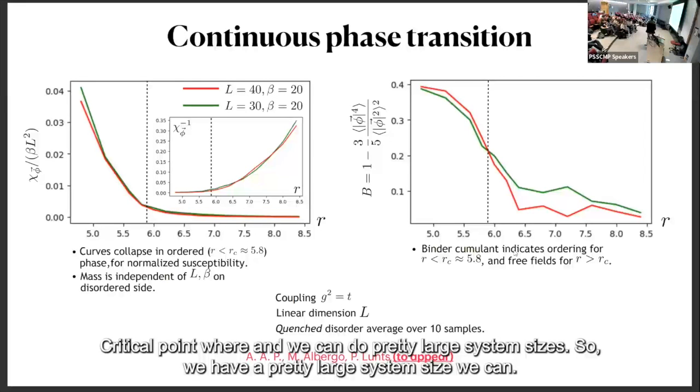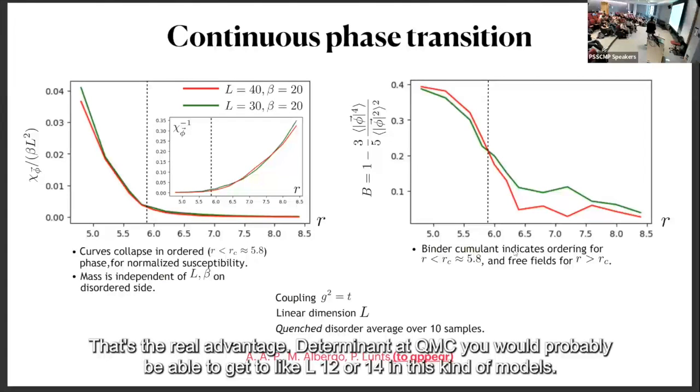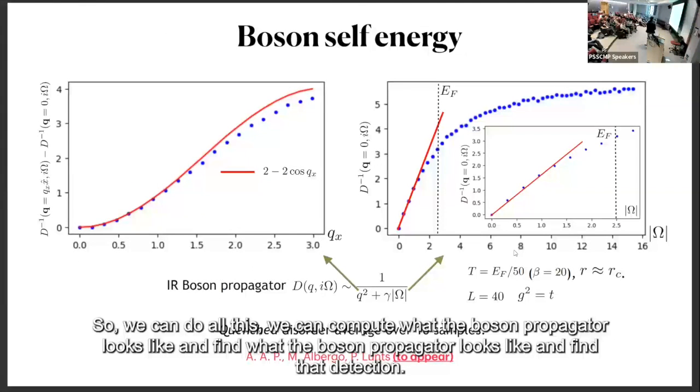When we have a pretty large system size, we don't need to average over a very large number of disorder realizations. A 10 or a few tens are enough, and that's a real advantage. With determinantal QMC, you would probably be able to get to L equals 12 or 14 in these kinds of models, and then you have to average over hundreds or up to 1,000 disorder samples. So we can do all this.